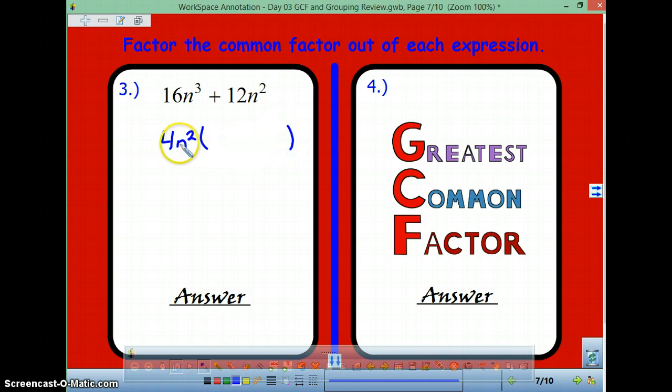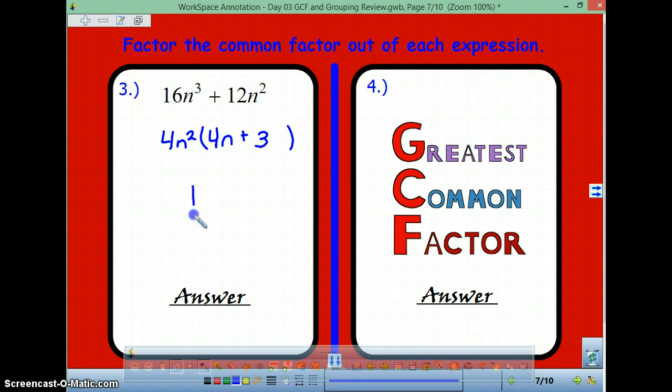What's left in the parentheses? What do I need to multiply 4n squared by in order to get 16n cubed? I'll need a 4. There we go. And I need an n. What do I need to multiply 4n squared by in order to get 12n squared? 3.